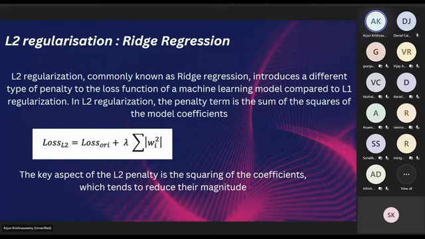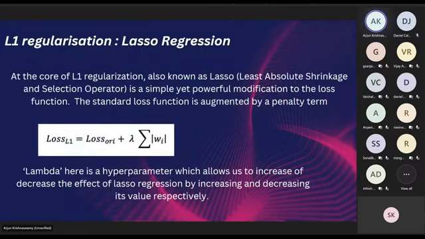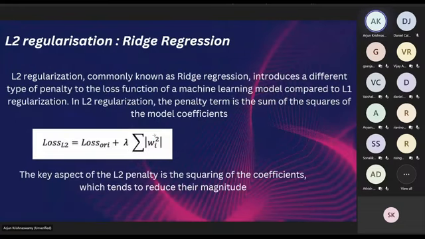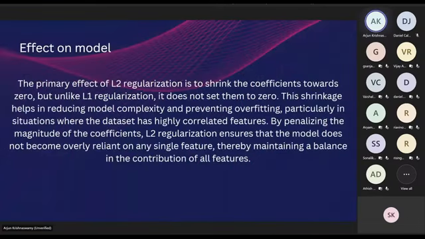So the difference between L1 and L2 is that L1 has a tendency to drive these weights to zero completely. Here it need not become zero, but it still reduces its magnitude, thereby decreasing the model complexity and the loss. As I mentioned already, the main effect is to shrink the coefficients, but unlike L1, it does not shrink them to zero completely.